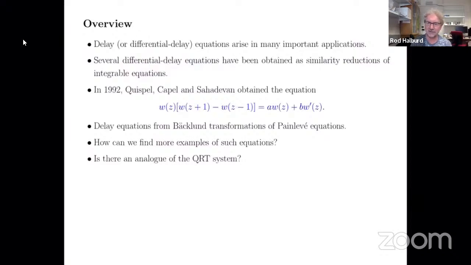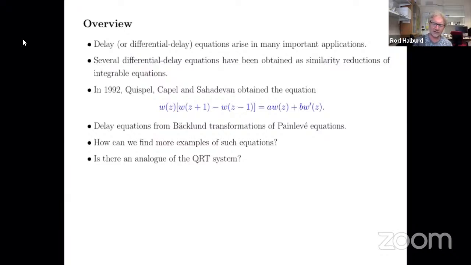They have associated linear problems, although they haven't really been exploited properly to date. And what we'll be describing is a number of ways that you can derive such equations, and also ways that seem to single these equations out from other equations, and some of the interesting properties that have been observed.